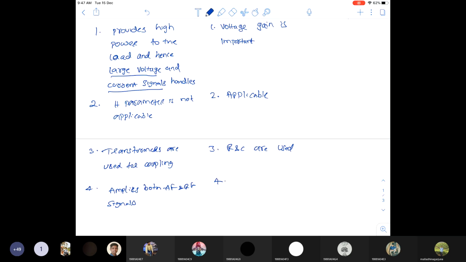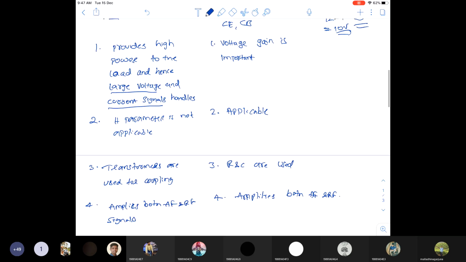Here it is also the same, it amplifies both AF and RF. This is the same point for both.